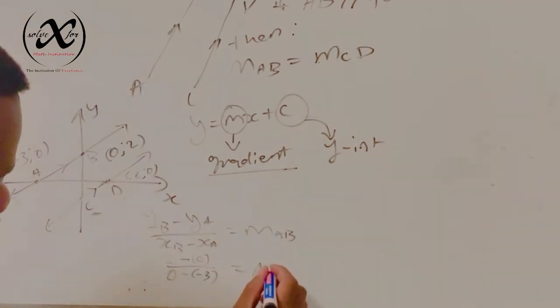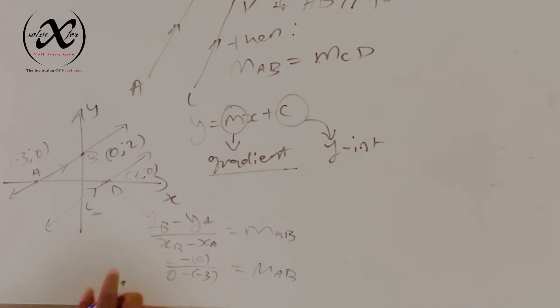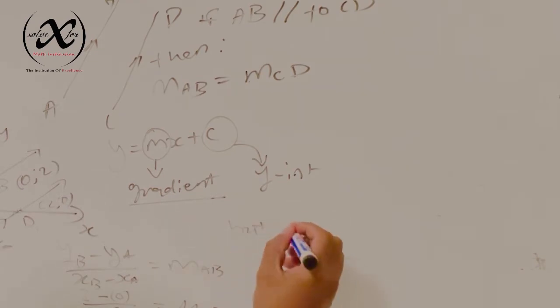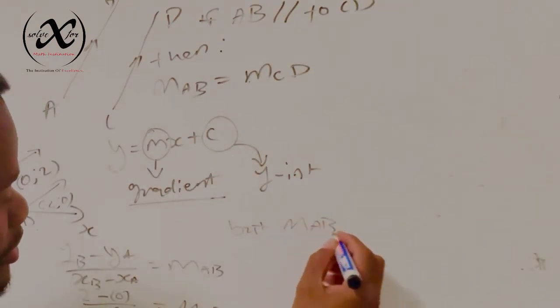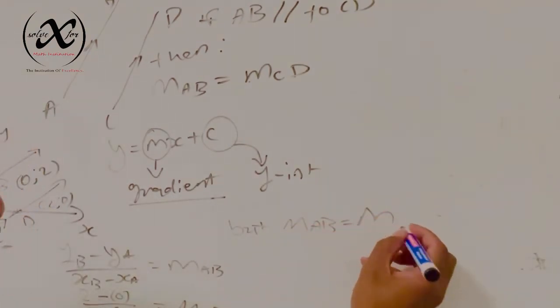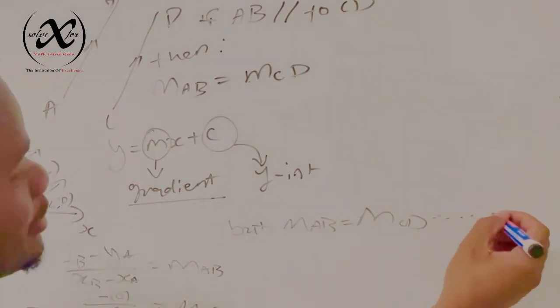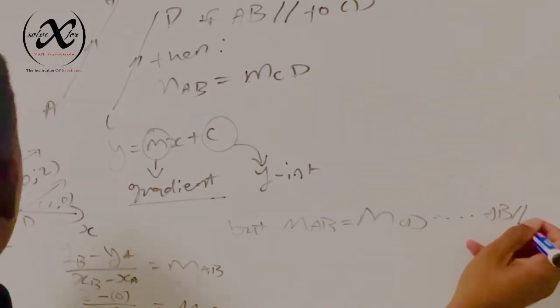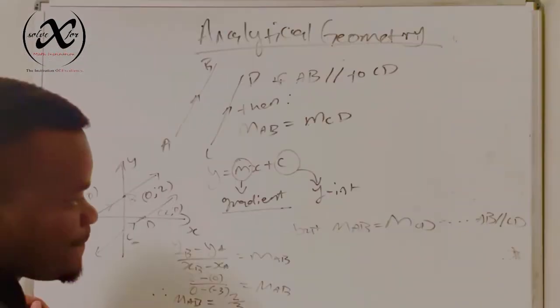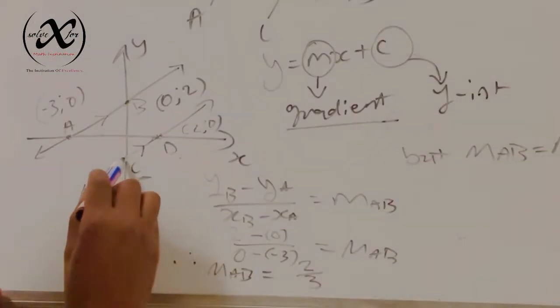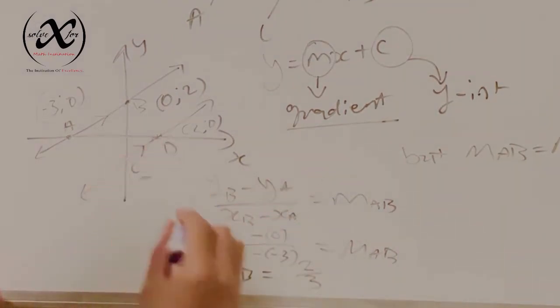Therefore the gradient of AB will be equal to 2 over 3. But the gradient of AB equals the gradient of CD, and then you can state your reason: AB parallel to CD. So that means the gradient of CD is 2 over 3.